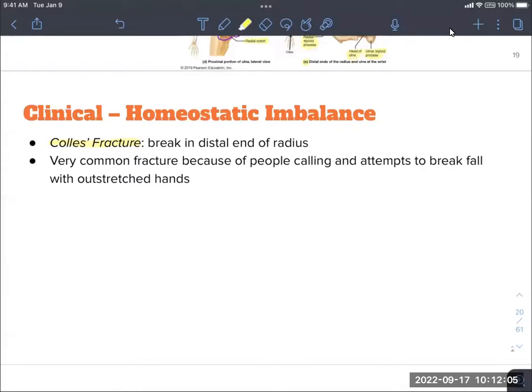It fractures your radius. It can also fracture some of the carpal bones, or the bones in your wrist. That's why I was always told to tuck and roll when you try to do that.